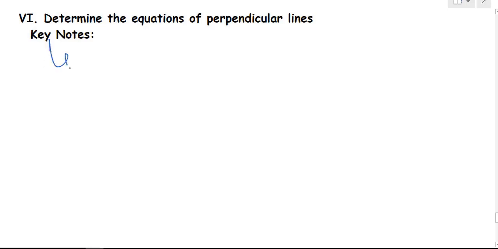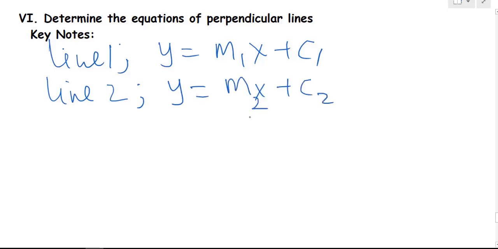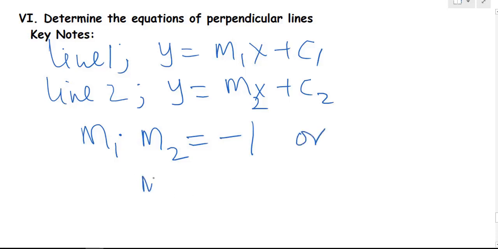If we have two lines, line 1 whose equation is y is equal to m1 x plus c1, and line 2 whose equation is y is equal to m2 x plus c2, then if line 1 and line 2 are perpendicular, it means that m1 multiplied by m2 is equal to minus 1. Alternatively, m1 is equal to the negative reciprocal of m2.